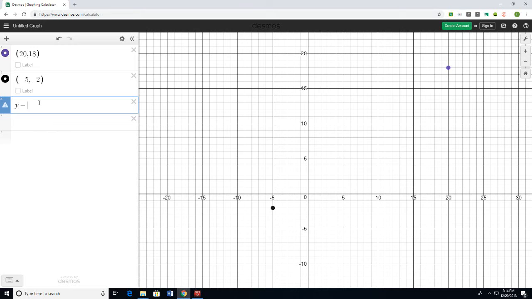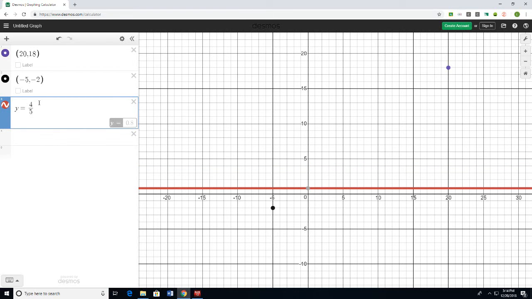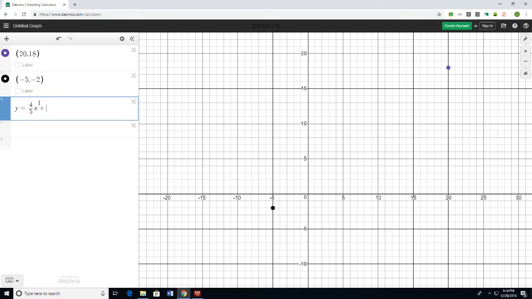We can actually plug that into the equation. And we should see that the line we drew here goes through the 2 points, negative 5, 2 and 20, 18.